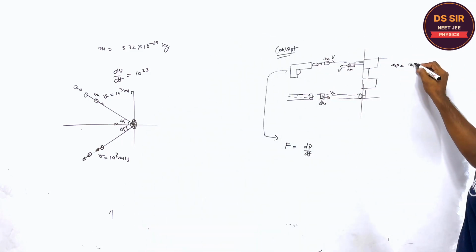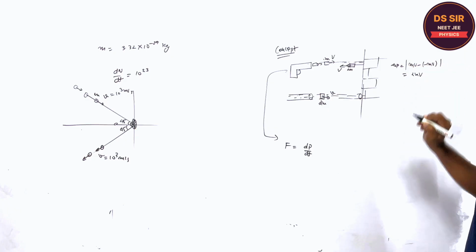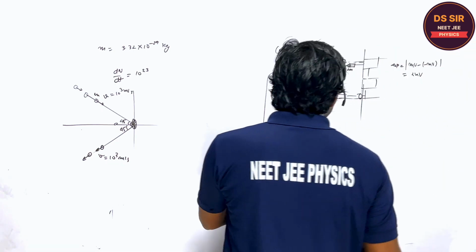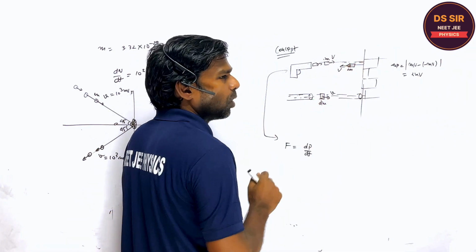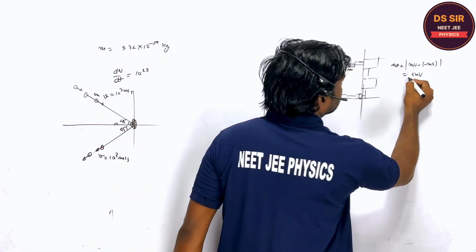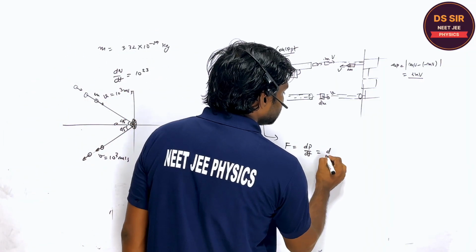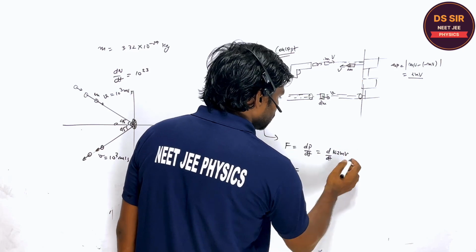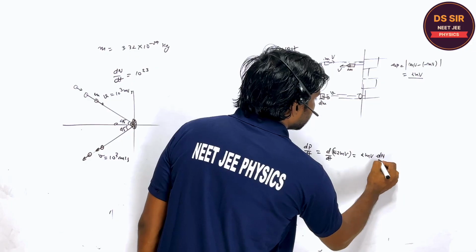In this case, the momentum change is 2mv. Are you getting or not? This is the momentum change. So what is the change in momentum of one bullet? This is 2mv. So for n bullets, what is the change in momentum? n into 2mv. So it is equal to 2mv into dn upon dt.